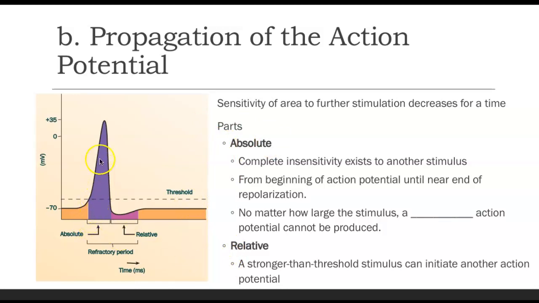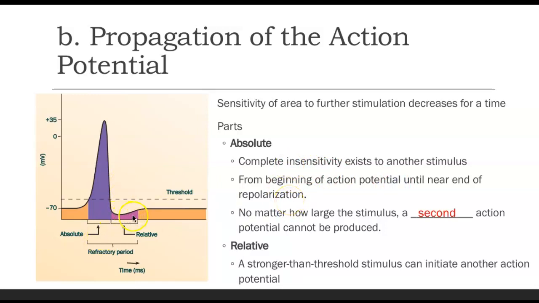The absolute refractory period you could see here outlined in purple. That is taking place while we have depolarization and repolarization in motion. So here we have a complete insensitivity to another stimulus from beginning an action potential until toward the end of repolarization. No matter how large the stimulus is, a second action potential can't be produced.